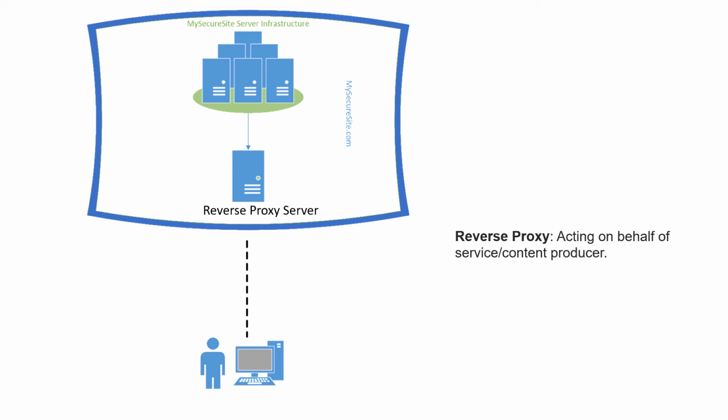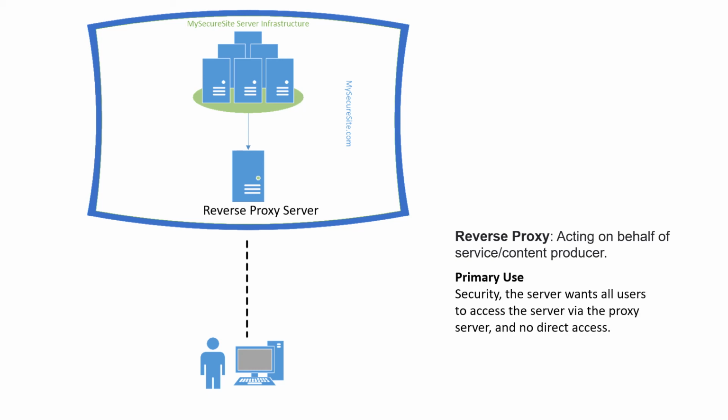Like we discussed, this is the important distinction between forward and reverse proxy. In a reverse proxy, the proxy works on behalf of the service or the content provider, whereas in the case of a forward proxy, it was working on behalf of the user. The primary use case is security. The server wants all users to access the server via the proxy, with no direct access.